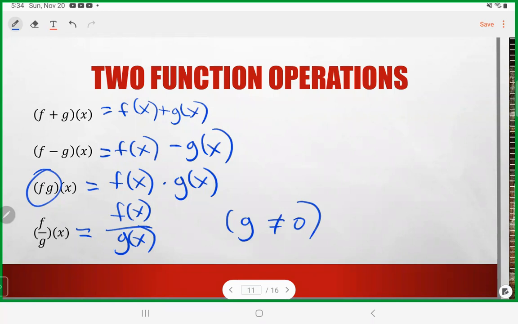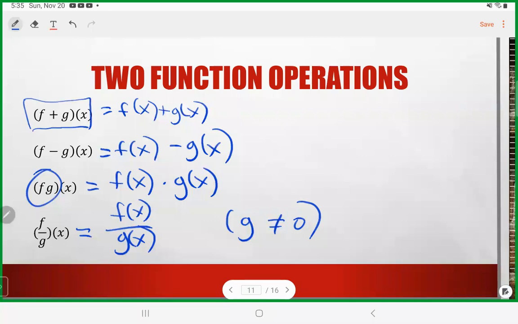Actually, let's find the domain of these. I almost forgot about that. So what do you think is the domain of this, William?